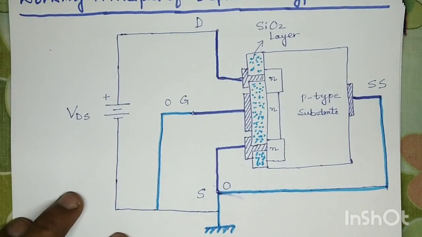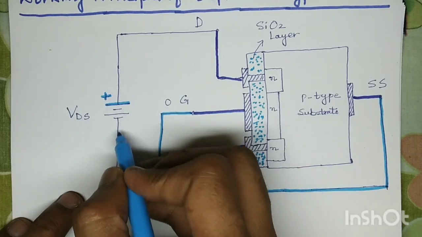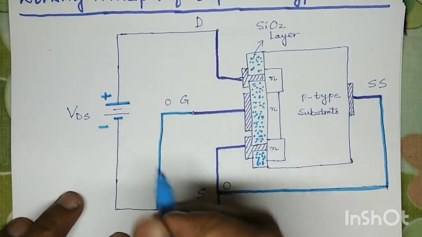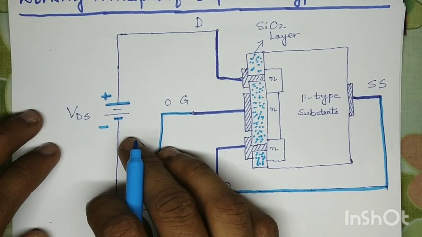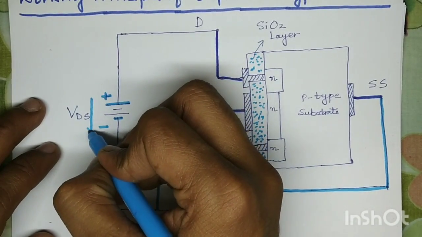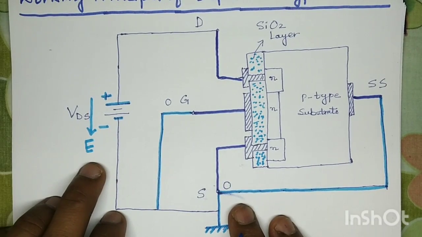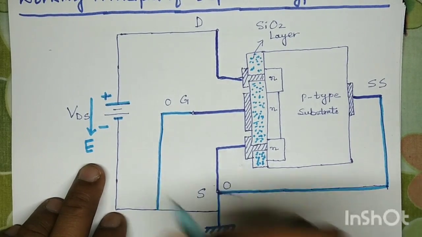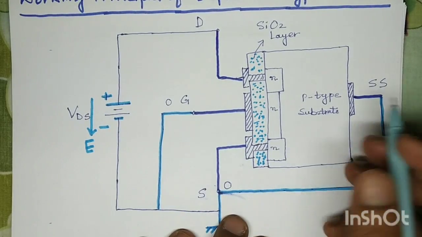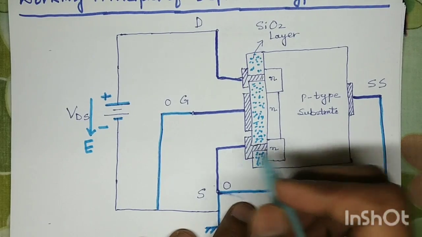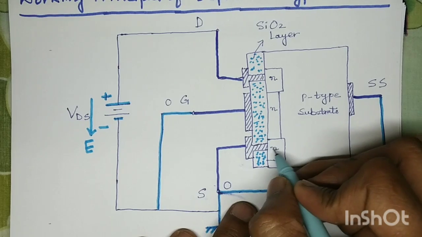So this upper side of the battery is the positive side, and this is the negative side of the battery. Due to this battery, an electric field will develop from the positive side to the negative side, in this downward direction, right? Due to the presence of this electric field in the downward direction, electrons will travel in the upward direction from the source to the drain.